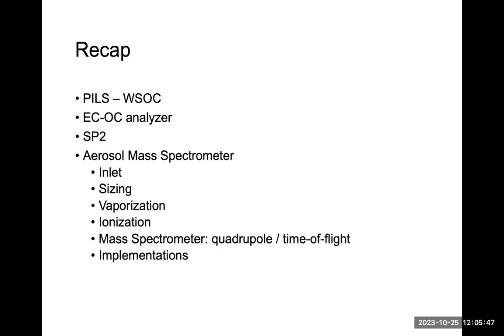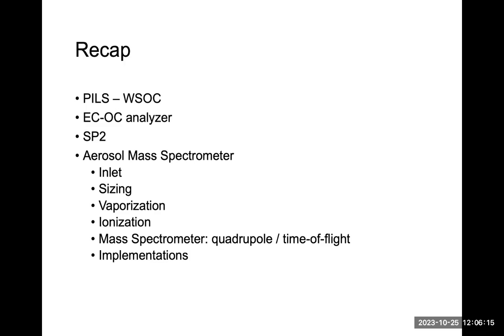We also talked about the instrument that can do carbon measurement, right? So elemental carbon, organic carbon. By basically baking them under different temperature, under different carrier gas composition, to analyze the EC and OC component. We also talked about the single particle soot photometer, SP2, which measures the black carbon in real time.